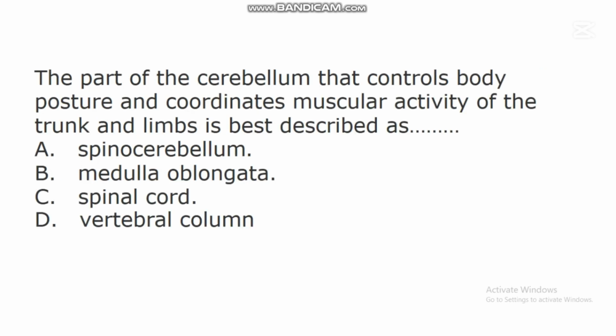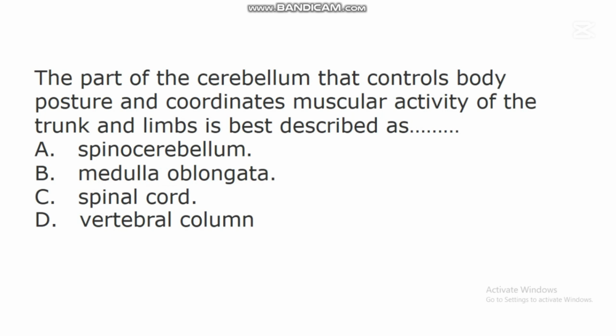The next question says, the part of the cerebellum that controls body posture and coordinates muscular activity of the trunk and limbs is best described as dash. A. Spinocerebellum. B. Medulla oblongata. C. Spinal cord.